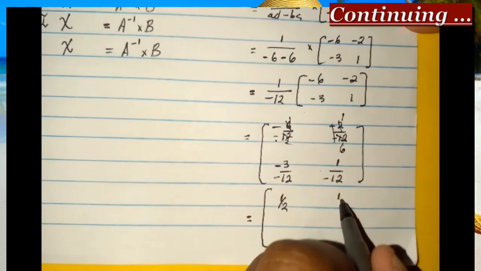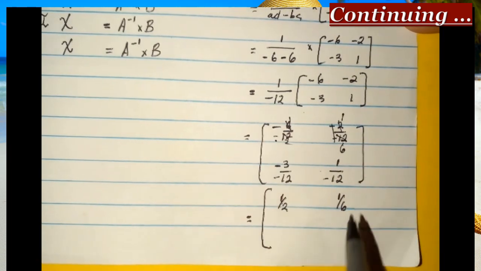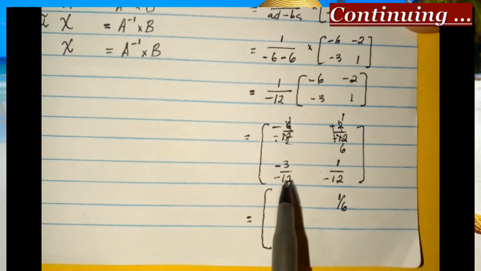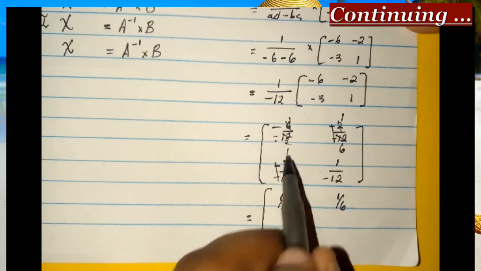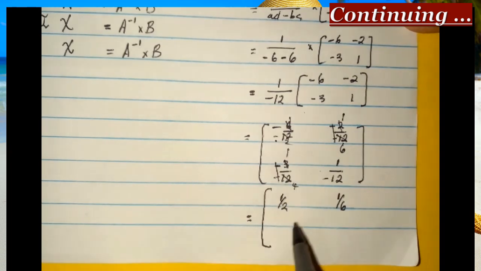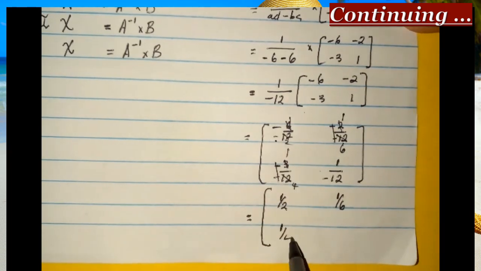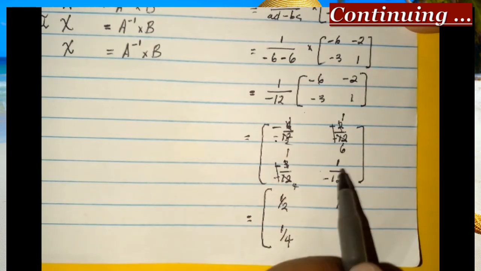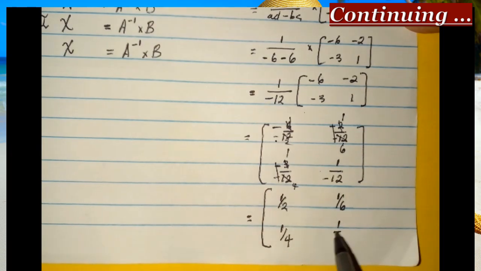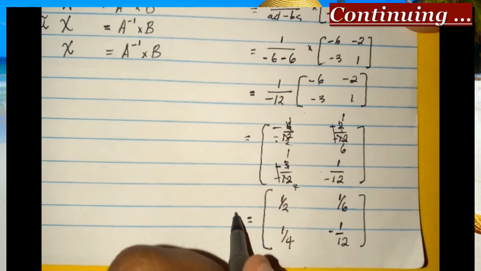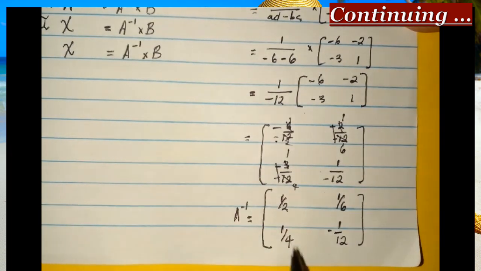So I have 1/6 right here. Here, negative divided by negative gives us a positive. So these cancel. 3 into 3, 1. 3 into 12, 4. So I have a quarter right here. And then this cannot be reduced any further. So I have negative 1/12. So A inverse works out to be a half, 1/6, 1 over 4, and negative 1/12.